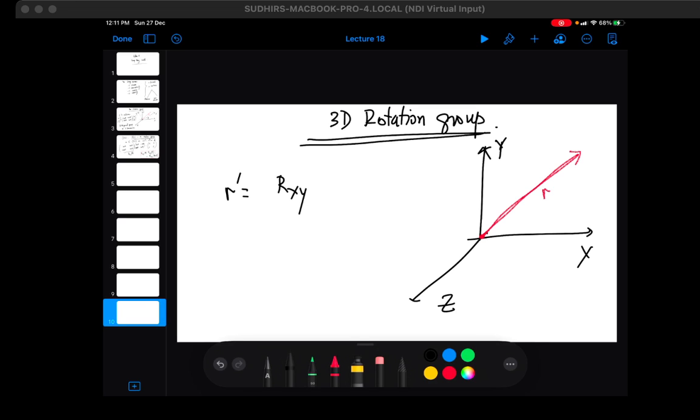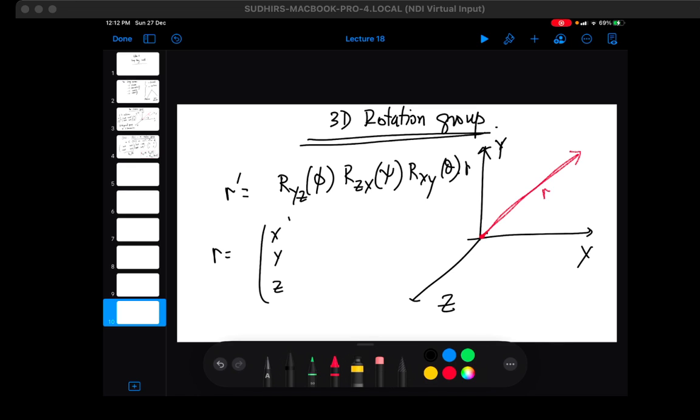Okay, let me just start in some standard notation: r prime is equal to Ryz phi, Rzx psi, Rxy theta times r. Now r here is a 3-dimensional vector. So r is x, y, and z. So you can have 3 generic angles.